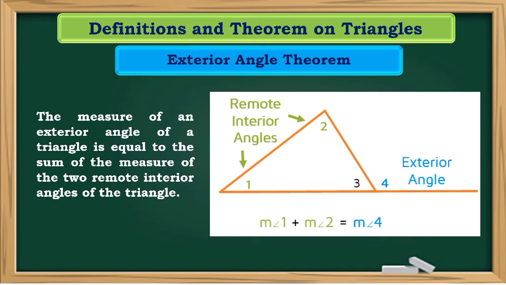In our example, angle 4 is an exterior angle and angle 1 and angle 2 are the remote interior angles of angle 4. So when we get the sum of the measures of angle 1 and angle 2, we will get the measure of angle 4.